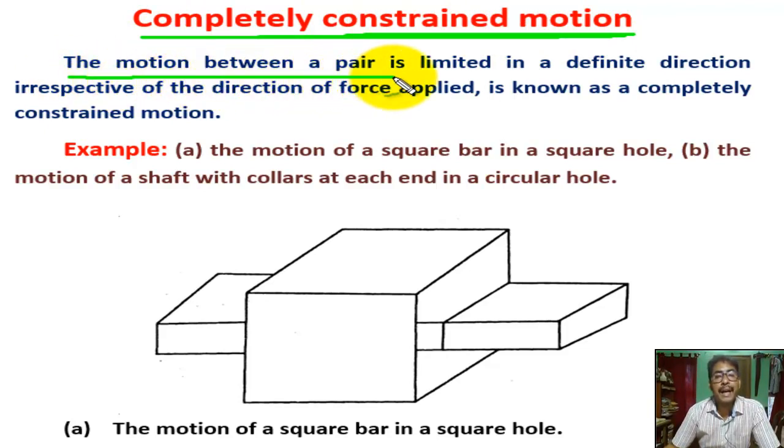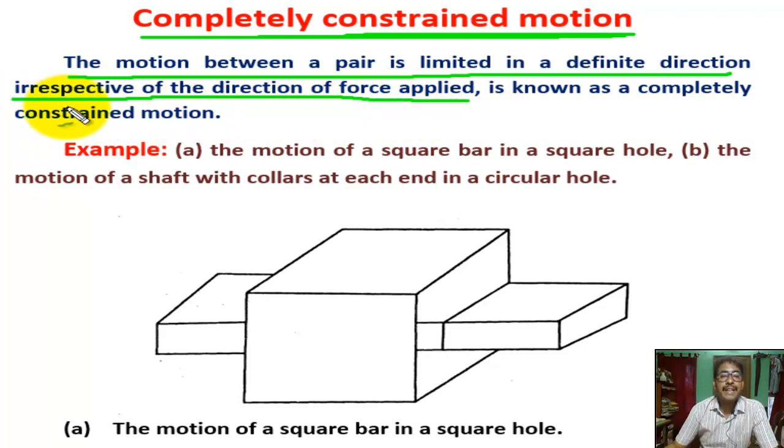The motion between a kinematic pair is limited to only one direction, only one direction of movement is allowed, irrespective of the direction of force applied. Irrespective of which direction we apply force, it is known as completely constrained motion.